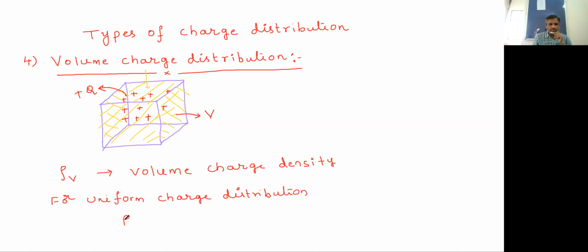For uniform charge distribution, the charge is uniformly distributed. That means in every 1 meter cube volume, the charge will be the same. It is defined as the ratio of total charge in that box by total volume.